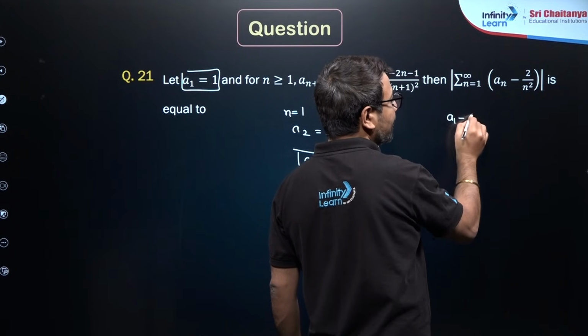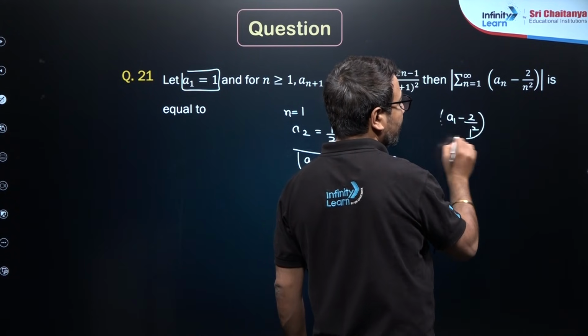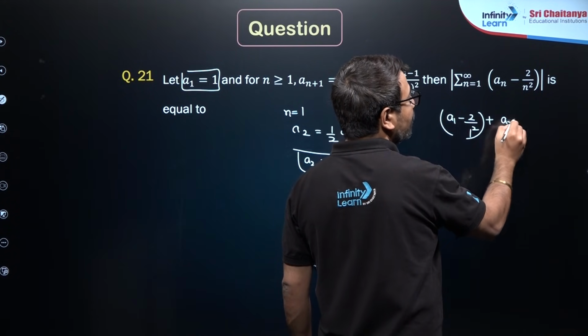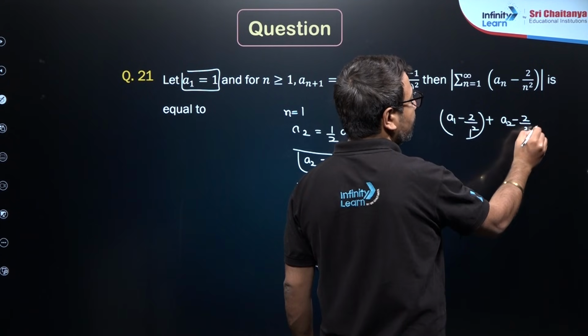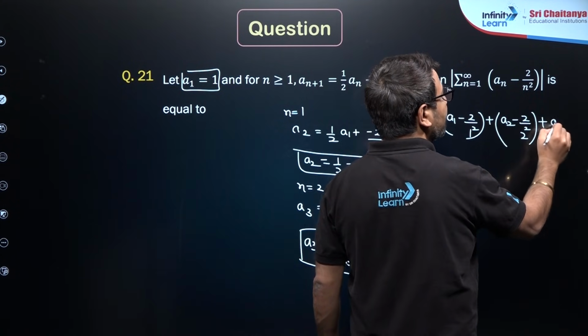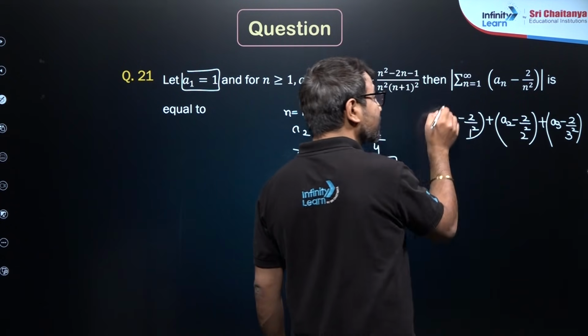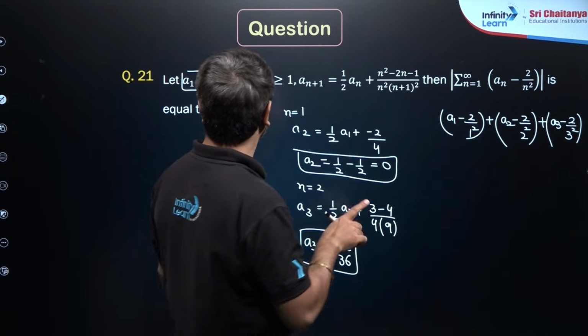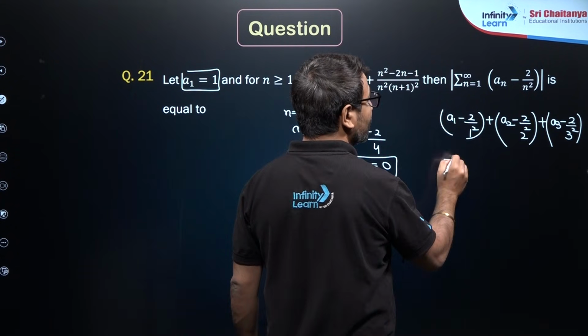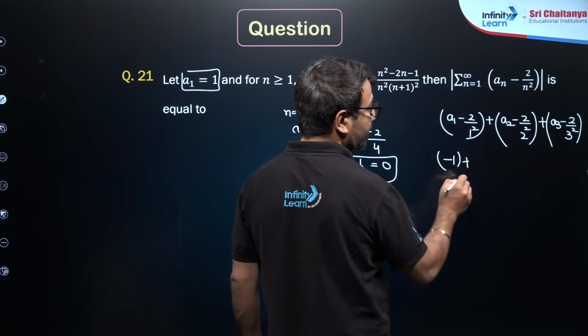So a1 minus 2 upon 1 square. Then bachche you will have a2 minus 2 upon 2 square. Then bachche you will have a3 minus 2 upon 3 square. If you substitute in this, so a1 value is 1, 1 minus 2 you will have the first term as minus 1.